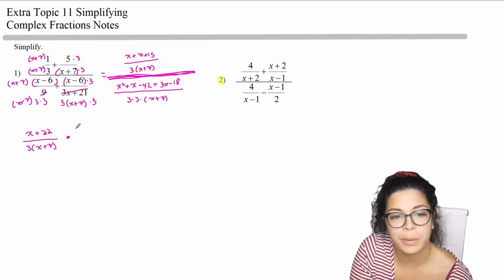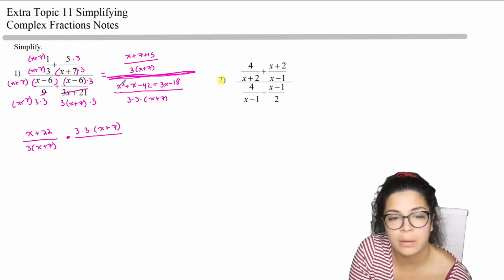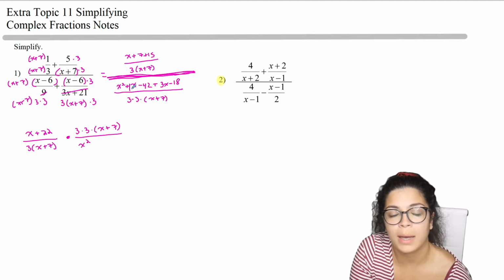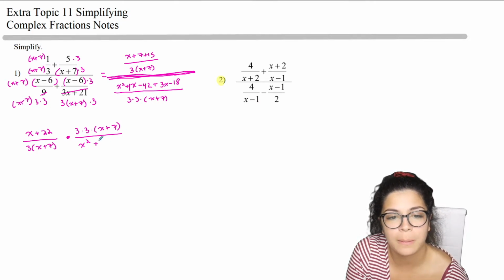So the reciprocal will be 3 times x plus 7 over the denominator, which would be x squared, 1x, sorry about that, 1x plus 3x would be 4x, and negative 42 minus 18 is negative 60.